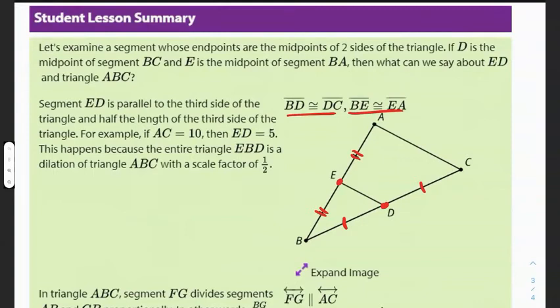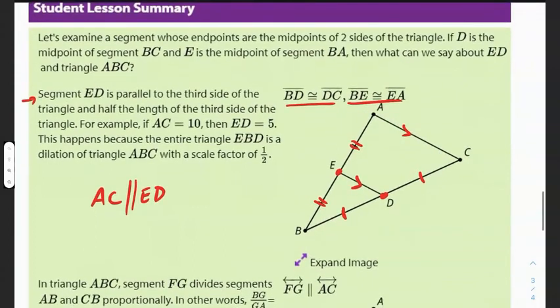They also go on to say that segment ED is parallel to the third side of the triangle. So I believe they're talking about AC. So AC is parallel to ED. That's something important to notice.